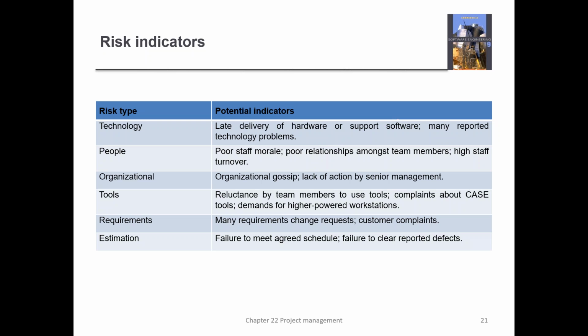So you know that your estimation risk is going to increase in its probability. So this is the reason you do risk monitoring, and these are your indicators. When we say indicators, when these things occur, you know that the probability of the associated risks will go up.